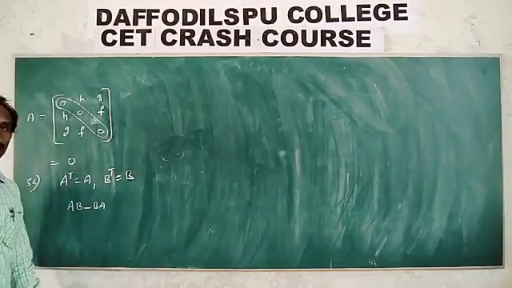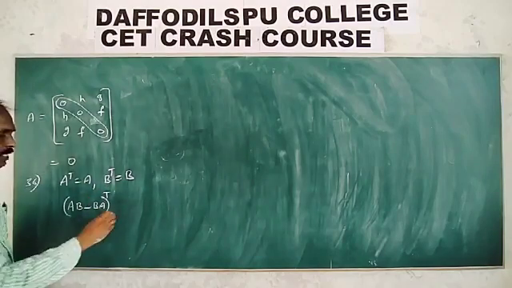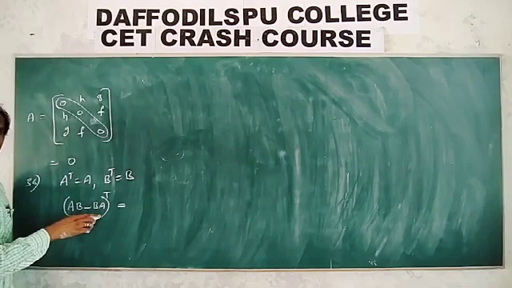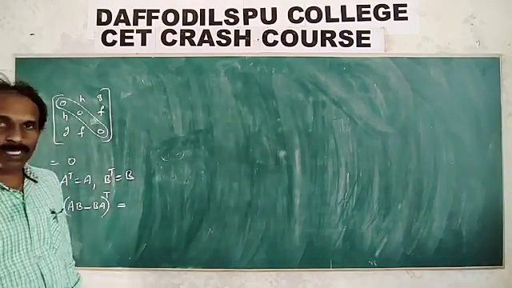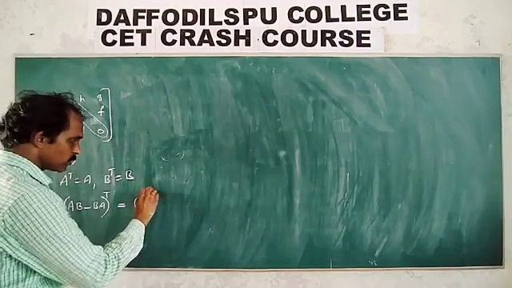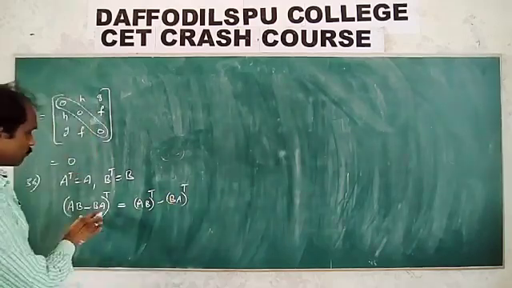Given the symmetric concept, take the transpose and check this one. By the property of transpose matrix, A plus or minus B, whole transpose is equal to A transpose plus or minus B transpose.